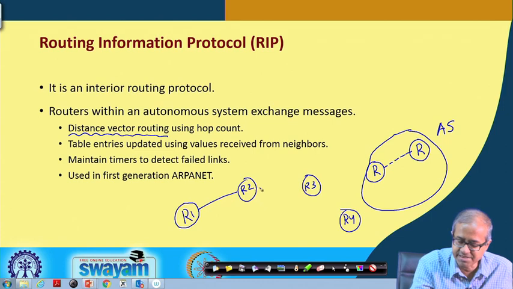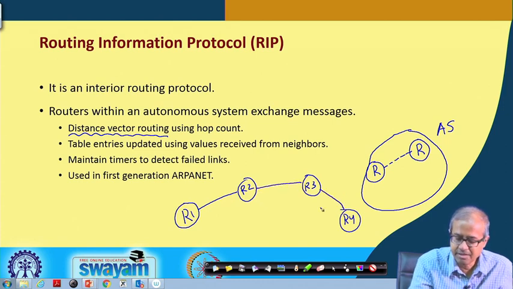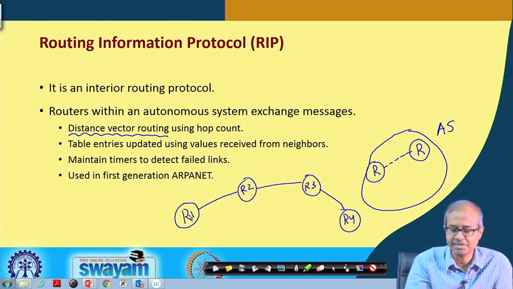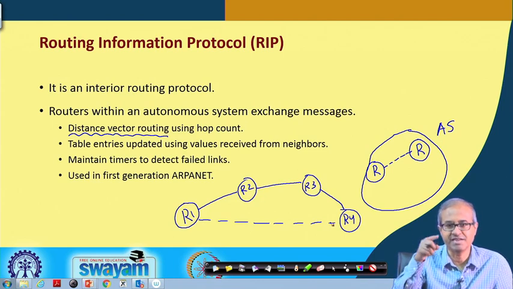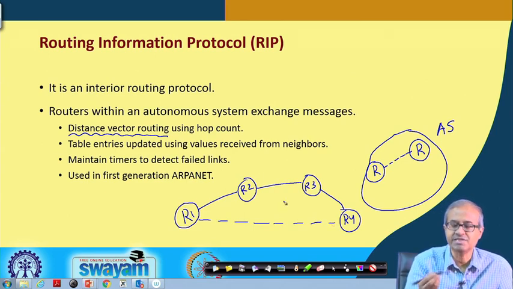Let us suppose the connections are like this. Router 1 will have the information that router 4 is 3 hops away from me. But suppose a new link gets established between R1 and R4. So, that 3 will get updated to 1. Now, R1 and R4 are directly connected. Similarly, if one of the links goes down, these values will change.